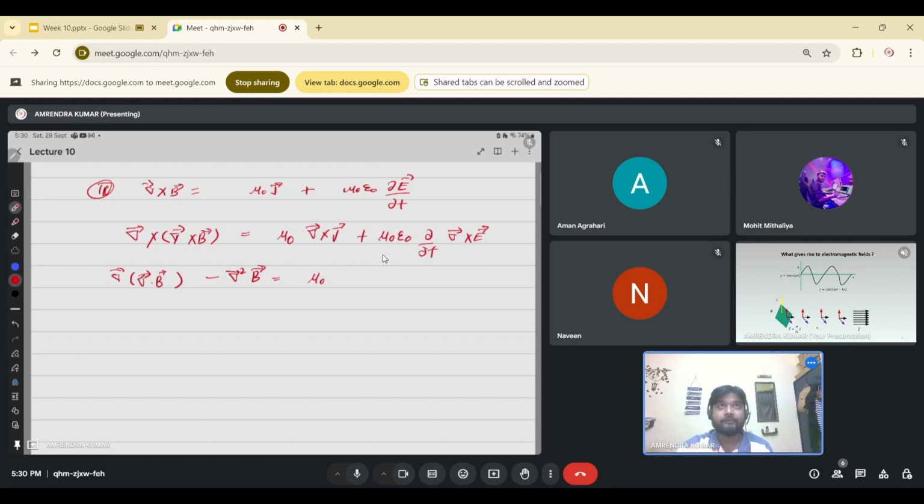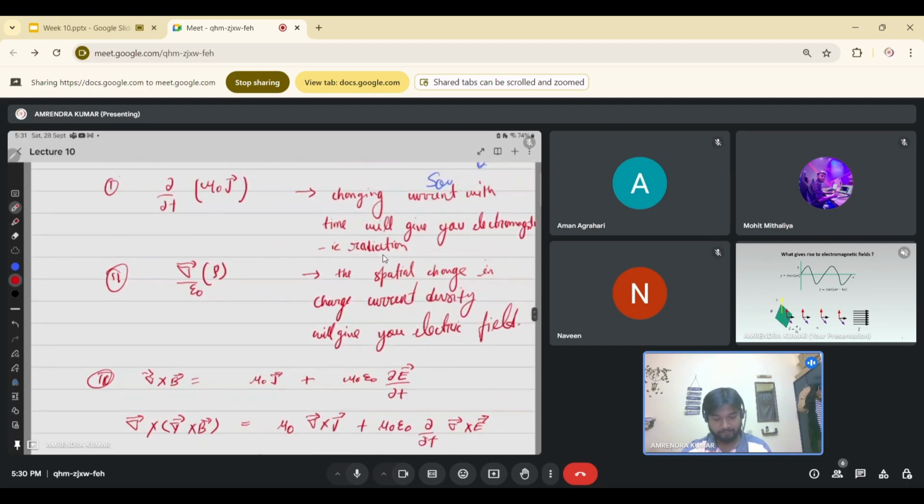So it equals mu 0 del cross J plus mu 0 epsilon 0 del over del T of del cross E, and you know that del cross E is equal to minus del B over del T, right?